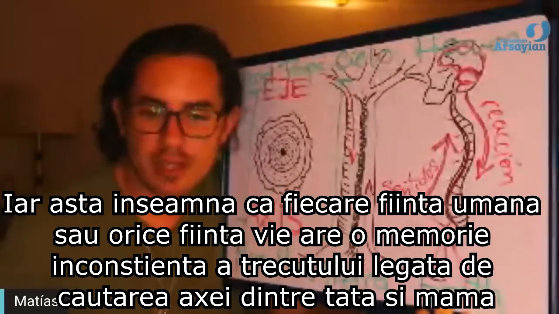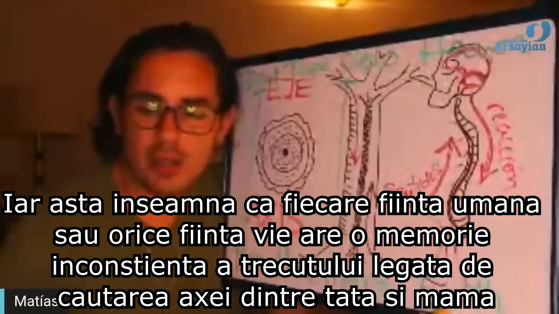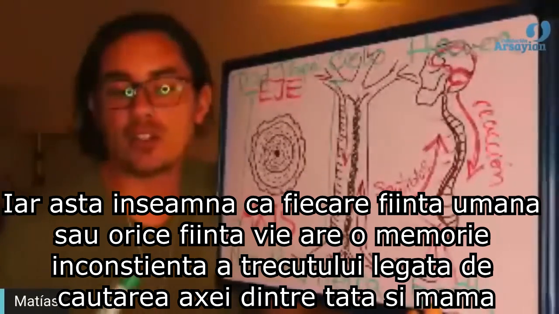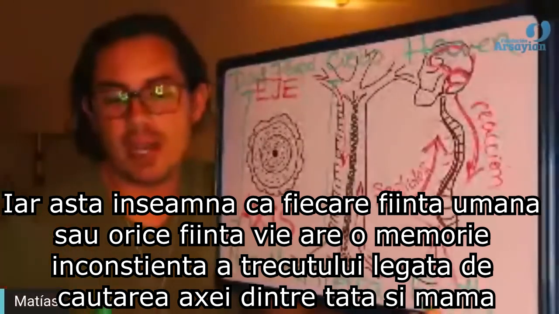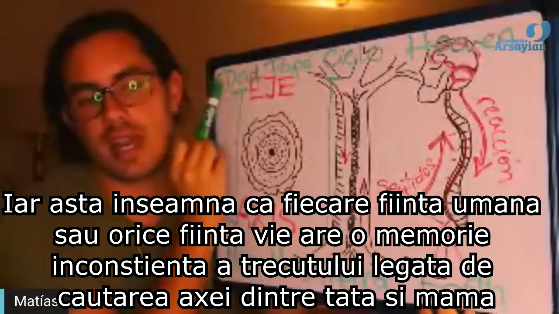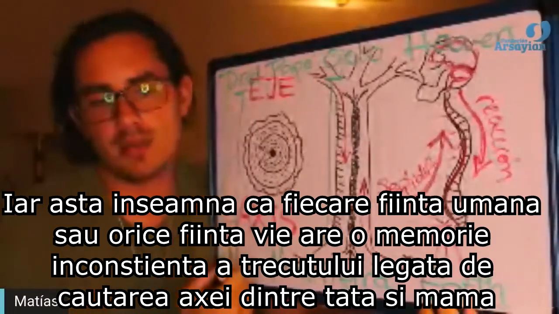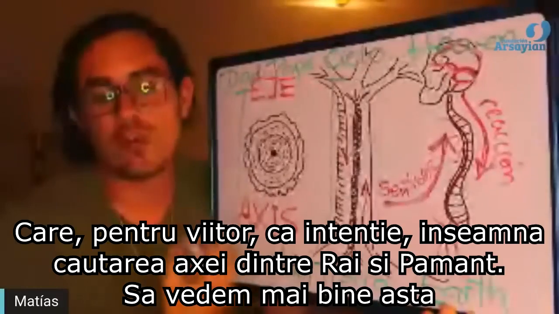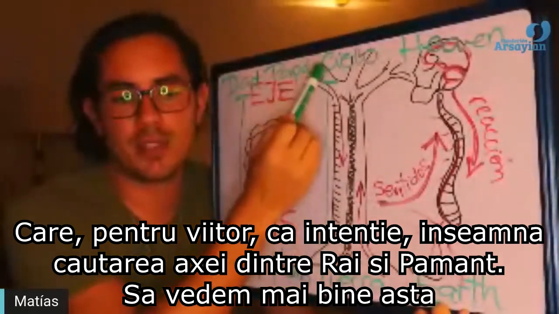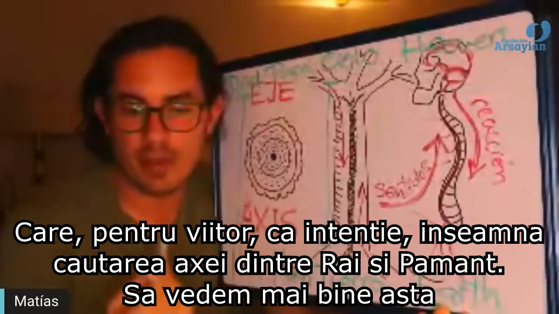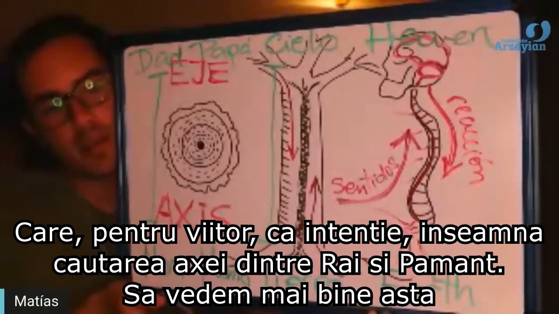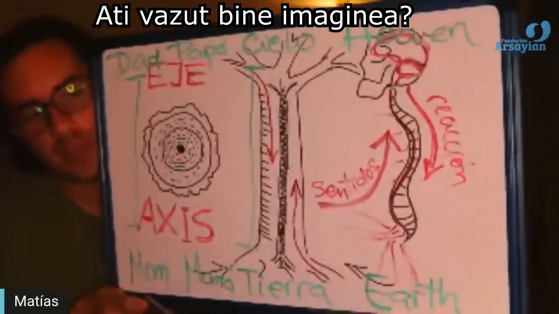This means that every human or every living being has an unconscious memory of the past related to the seeking of the axis between dad and mom, which for the future and the intention is to look for the axis between heaven and earth. So let's look into that. You get the picture? Yes.